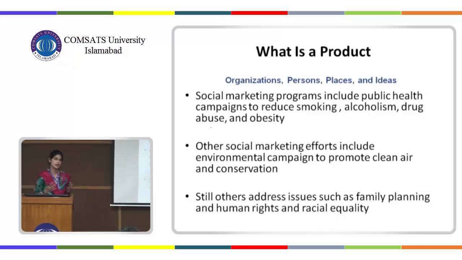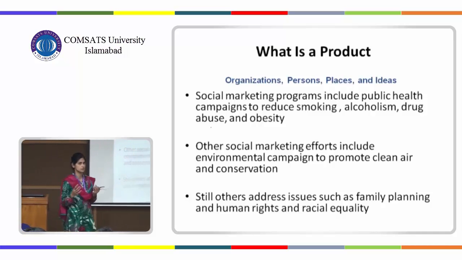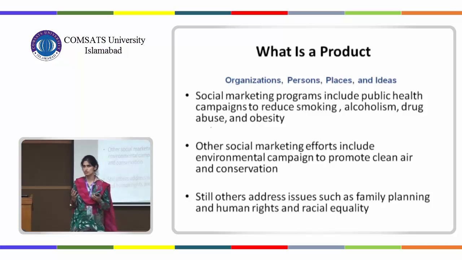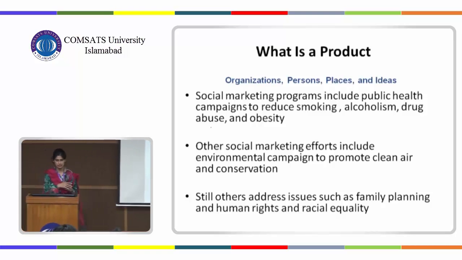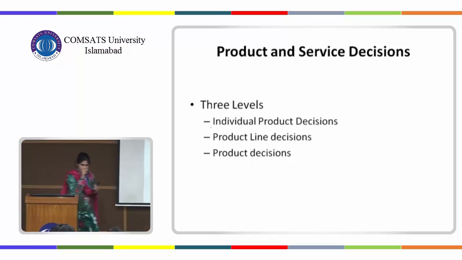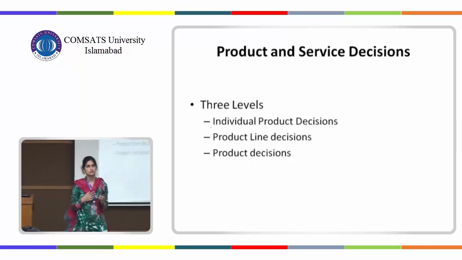So there are different social campaigns being run on television for social causes. Again, this is social marketing, and social marketing is marketing an idea. The idea is that smoking is injurious to health, and as a result you make a complete campaign and market it. So you're trying to market an idea. That is social marketing.